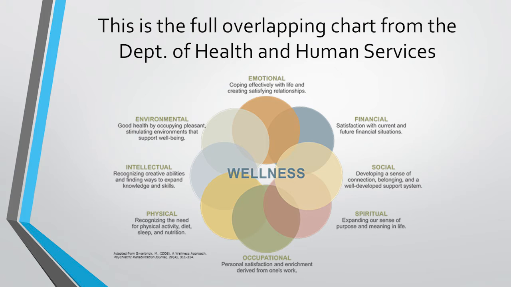So the next slide shows the 8 Dimensions of Wellness. This is through the Health and Human Services Department, and it's around mental health awareness. They are emotional, financial, social, spiritual, occupational, physical, intellectual, and environmental. We look at all of these as a whole before, during, and after the event with our students.